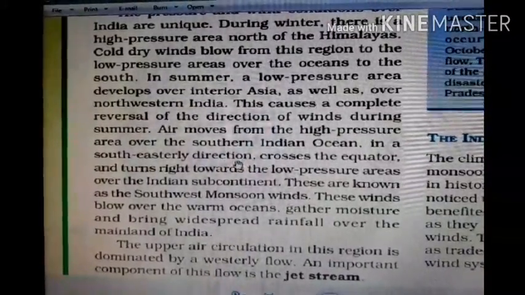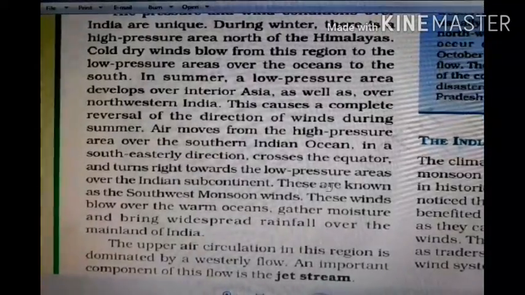India. During summer, air moves from the high pressure area over the southern Indian Ocean in a southeasterly direction. It moves towards the southeastern part of India, towards the Orissa or Tamil Nadu part, crosses the equator and turns right towards the low pressure area over the Indian subcontinent.